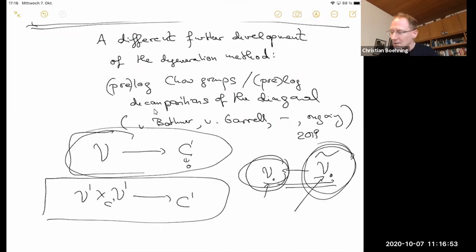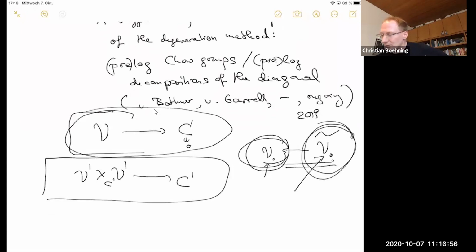So the idea of this project is that one could use much more singular degenerations, even degenerations into something having many components, even rational components, intersecting in rational varieties, and not pass to any desingularization at all, but work directly with decompositions of the diagonal on this singular central V0, which may very well exist.